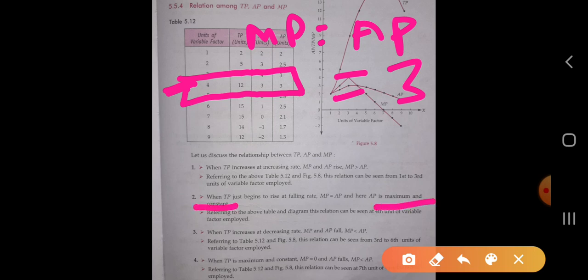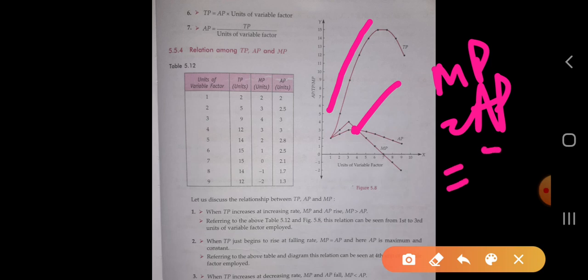In this case, AP is maximum and constant. The value of AP will be the maximum at this point, and constant also, and after that it will start declining. You can also see it in the diagram: TP is increasing and the MP and AP curves cut at this point, where MP equals AP, which is equal to 3.